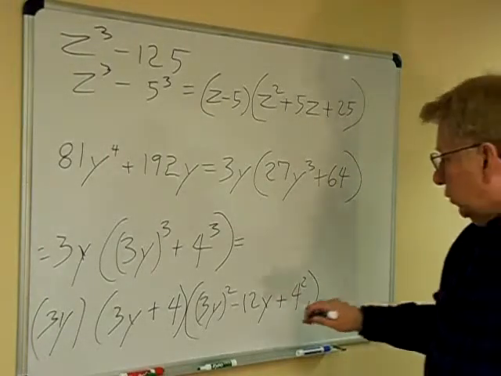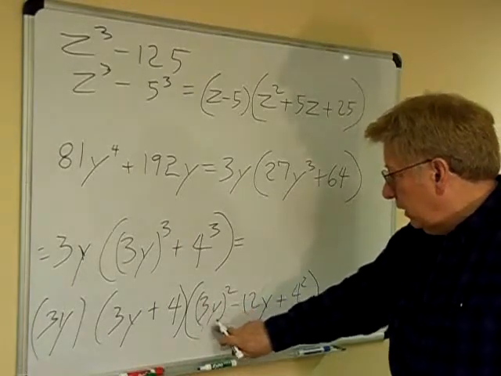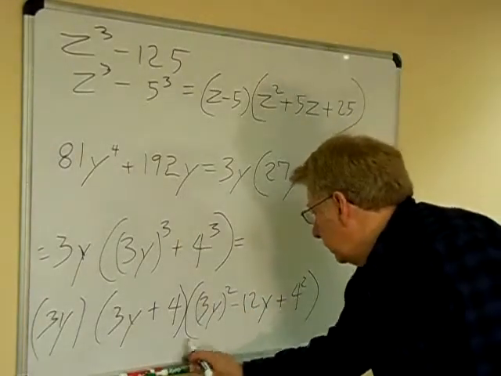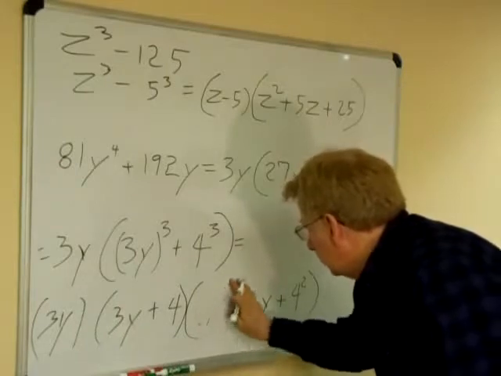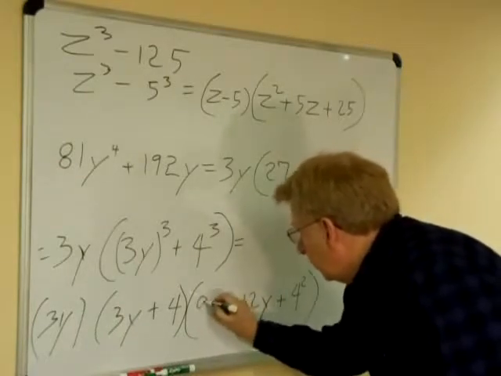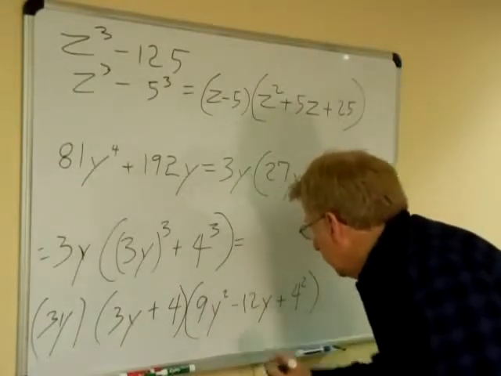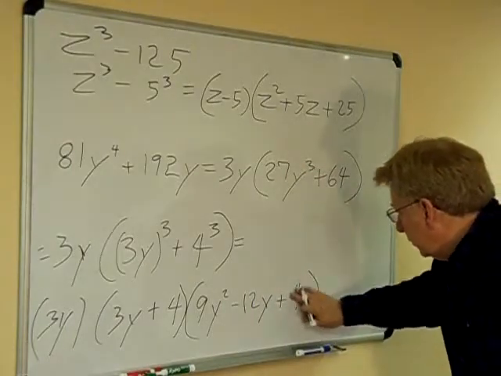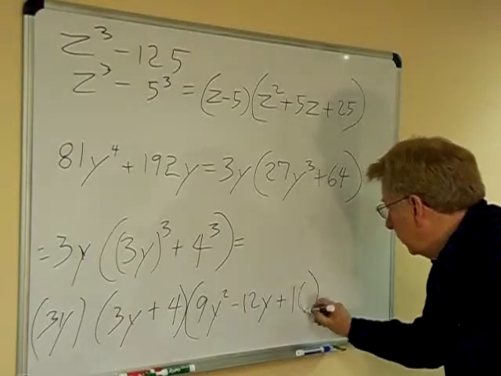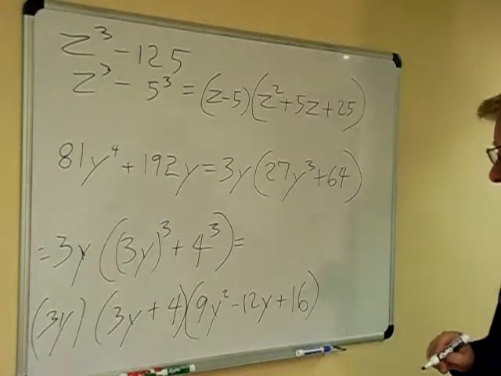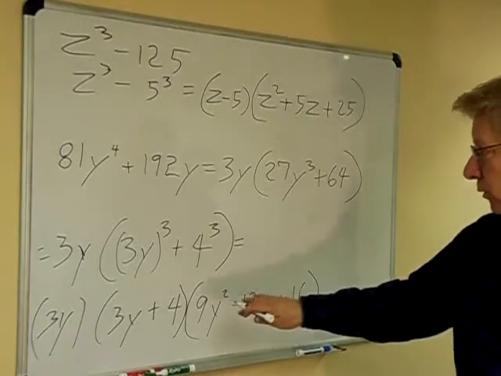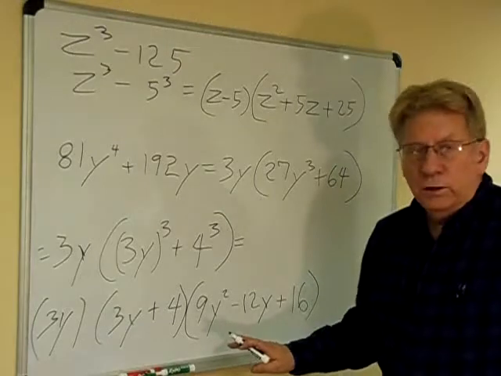Okay, so 3y squared, 3 squared is 9. So we replace this 3y squared with 9y squared, and then 4 squared is 16. So that's our pattern for this one, and that is our answer.